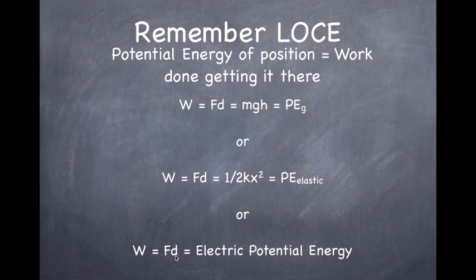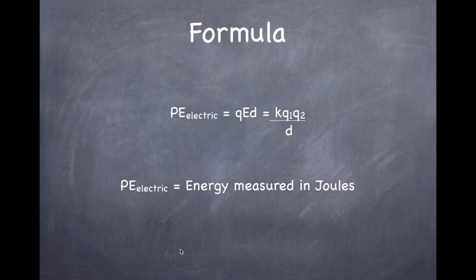If you take this formula and put it in terms of the electrical values we've talked about so far, like force and distance, you get a couple of different formulas. The electric potential energy is equal to qEd, which is the charge of the object, the electric field, and the distance. Or you can say it's kq1q2 over d.